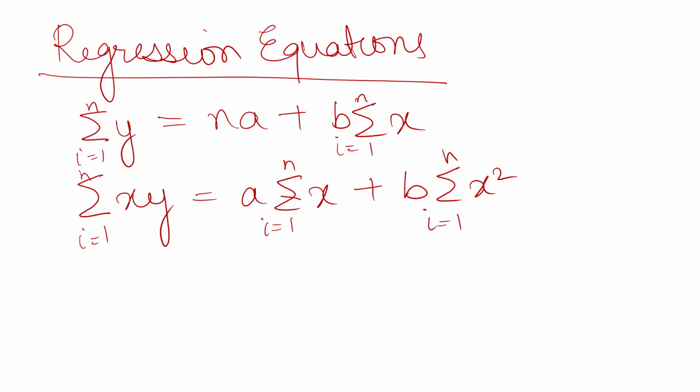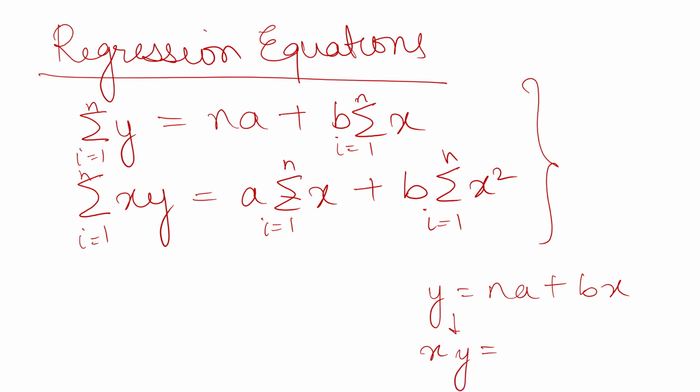So these are the two regression equations that you all have to remember when solving any question from regression analysis. Now I remember it without the summation signs, like y is equal to na plus bx, then x comes down: xy is equal to a times x plus b times x, x already here, so just double it, x square. So in this way.